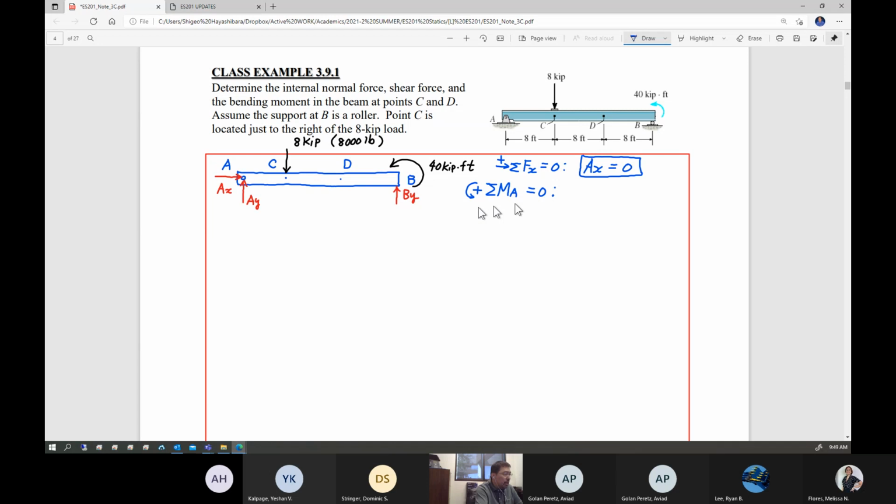BY is going to create positive moment: BY multiplied by the distance from here to here, 24 feet, which is positive. And the 8 kip creates negative moment, distance is 8 feet. And don't forget the externally applied couple moment, 40 kip foot positive. If you add them up, must be equal to 0. This gives you BY equal to 1 kip.